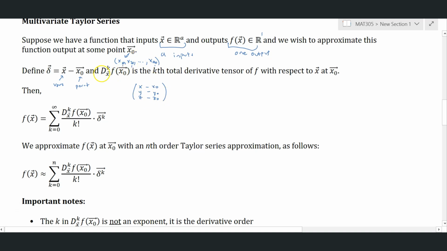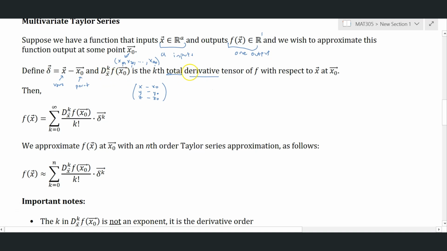And then the capital D, this is the kth total derivative tensor of f with respect to x, at that point, substituting in our initial condition. It's basically taking the kth derivative with respect to the vector x.